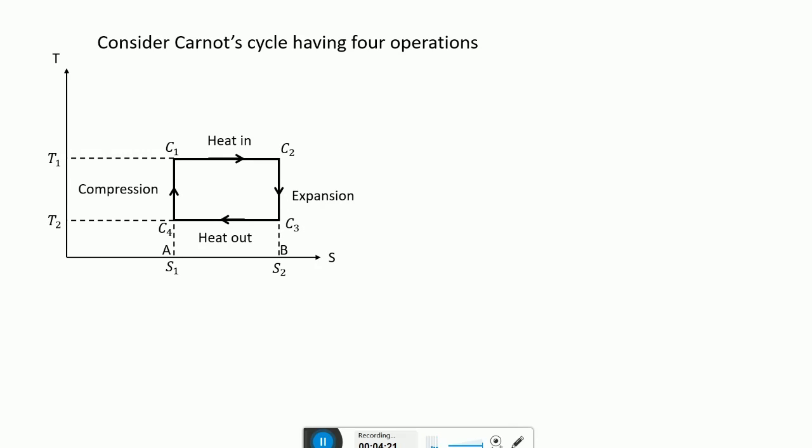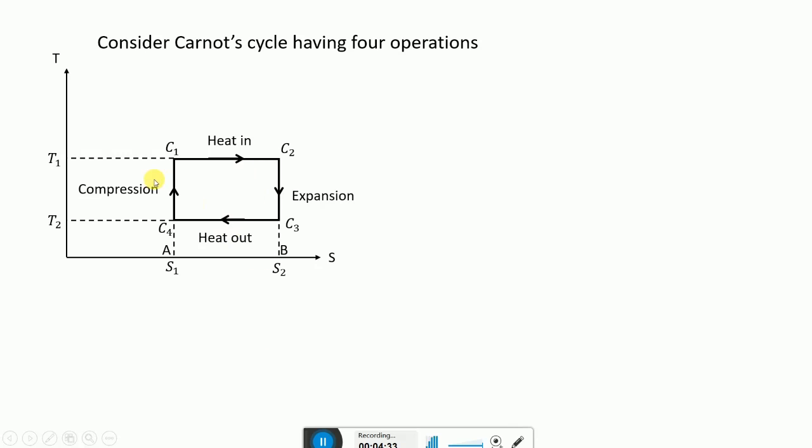Let us consider an example of the Carnot cycle having 4 operations as shown in the figure. And the Carnot cycle is a reversible cycle. So, this is also a TS diagram for the Carnot cycle.